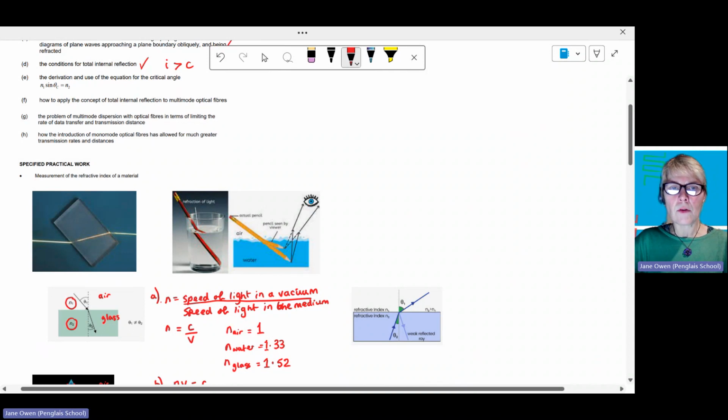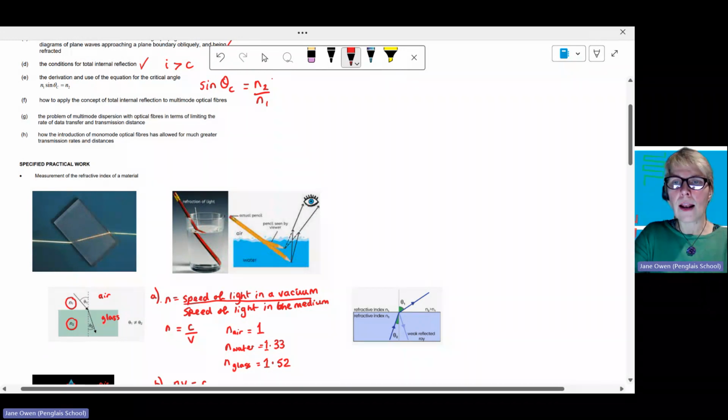We looked at n1 sin theta c, the critical angle, equals n2, in the format sin C equals n2 over n1, i.e. the ratio of the two refractive indices. If you get an error, you've got the indices the wrong way round. n2 is the less dense one, so n2 should be smaller than n1.